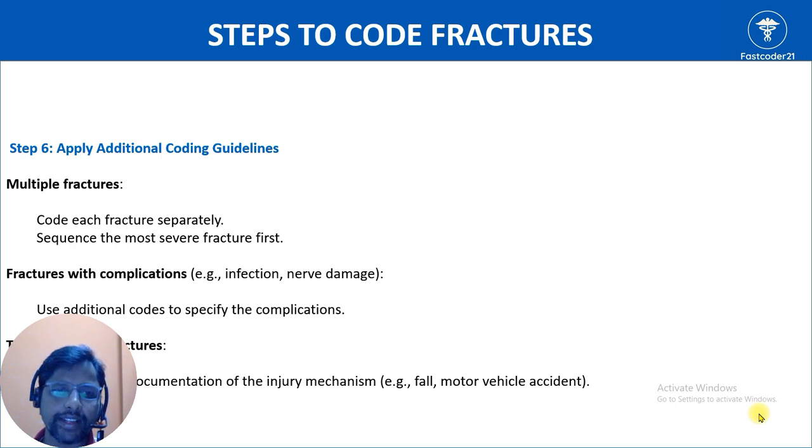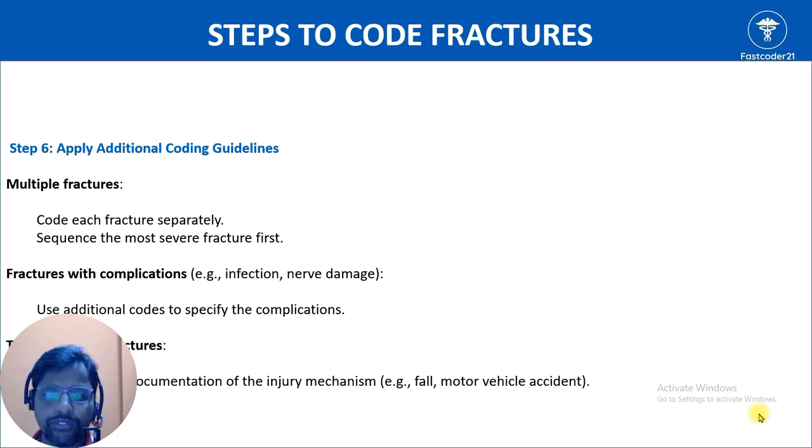Apply additional coding guidelines. What do you do if the patient has multiple fractures? You need to code each fracture separately and you need to sequence the more complicated or severe fracture first. How do you code fractures with complications like infection and nerve damage? In that case, along with the fracture, you need to use an additional code to specify the complications.